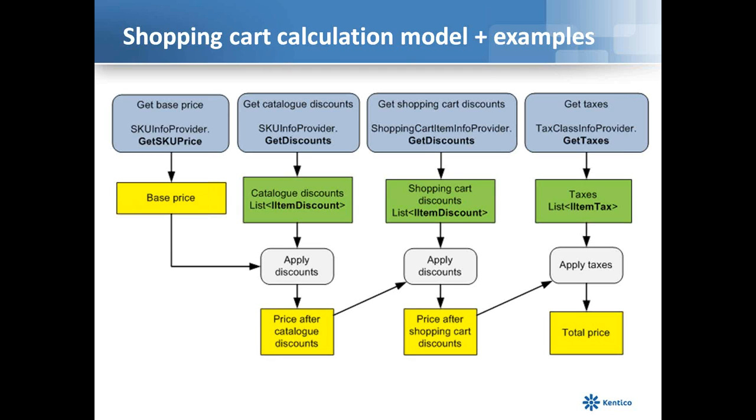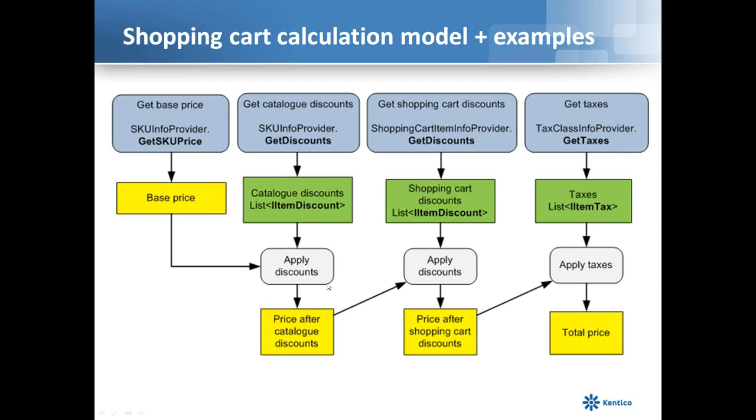So only the list, and it's useful, for example, when you want to apply discounts based on the shopping cart properties, like buy product A, get product B for free or with a certain discount and stuff like that. So I have also prepared examples, and I will show you.